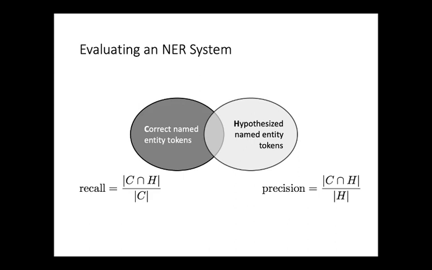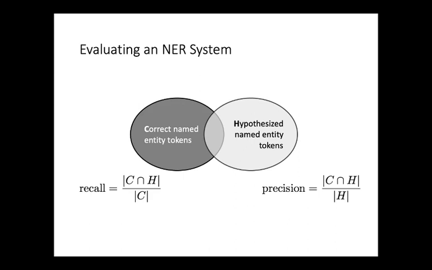Well, how would you evaluate an NER system? It turns out that you do it using a kind of evaluation that you use for a lot of NLP tasks. You calculate precision and recall, and then take the harmonic mean of precision and recall to get a metric called F1. So what is precision and what is recall?